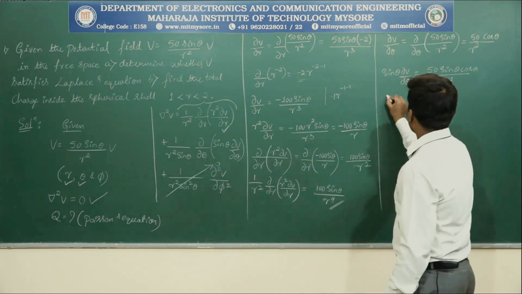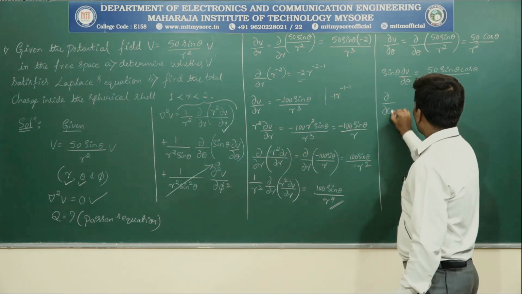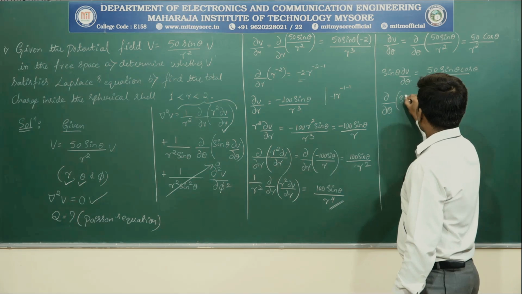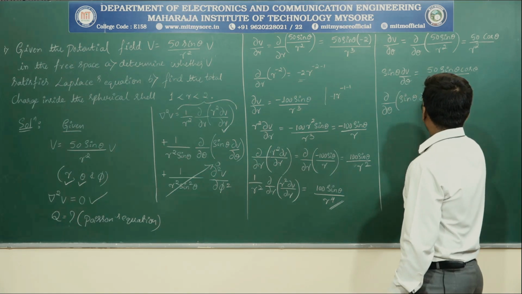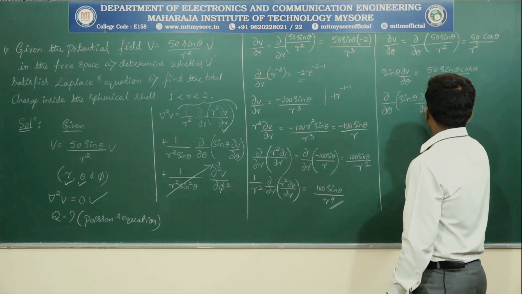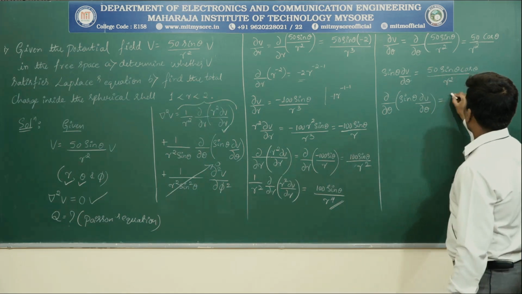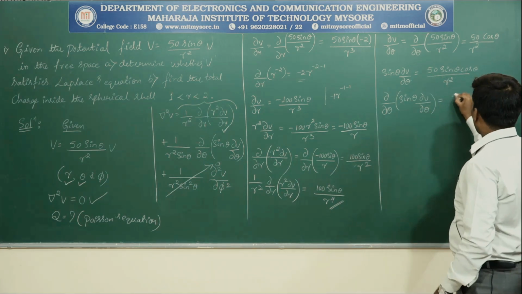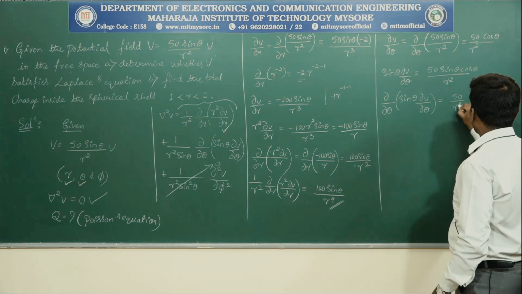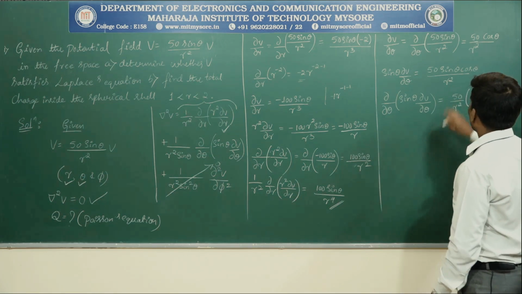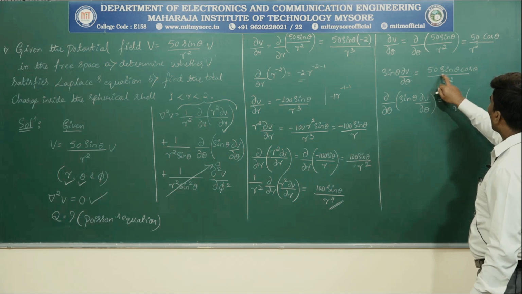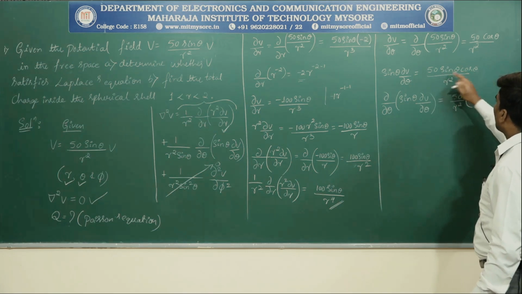After evaluating this step, again we need to differentiate this. ∂/∂theta of sin theta ∂V/∂theta is equal to what we are going to get? 50 divided by r square is the constant. We need to perform the u into v rule.